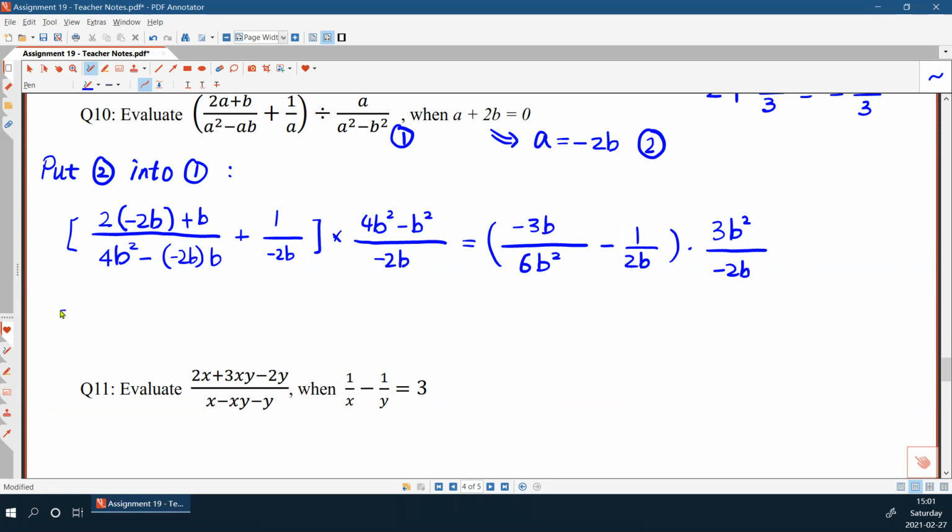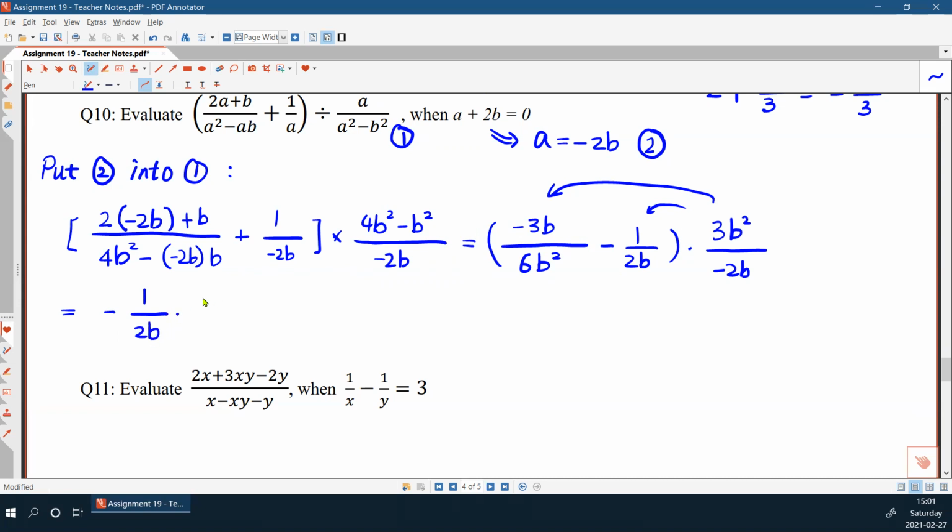Okay, now according to the distributive laws, we can distribute the common part in the brackets. This will give you minus. Okay, let's simplify the first term first. 3b can be canceled with the denominator, right? This will leave you just 1 in the numerator. So what's left in the denominator is 2b.